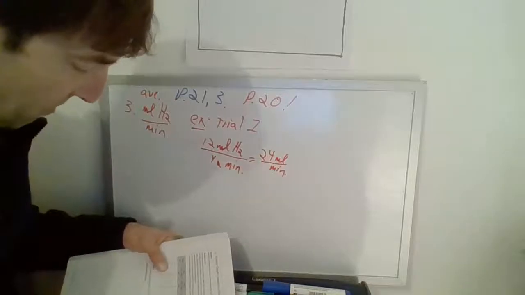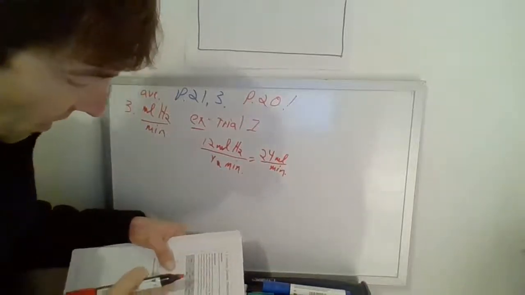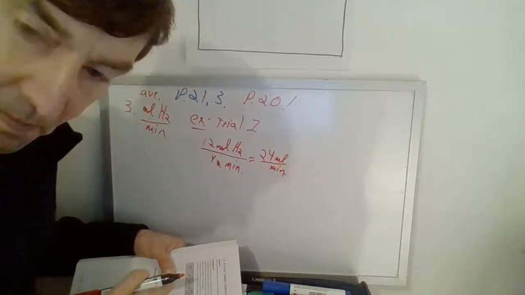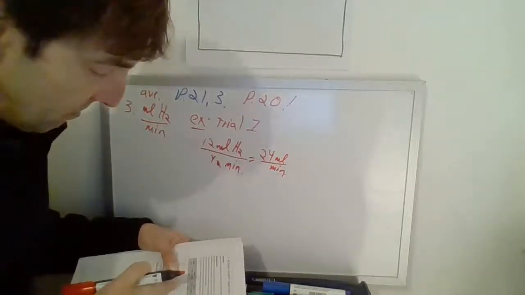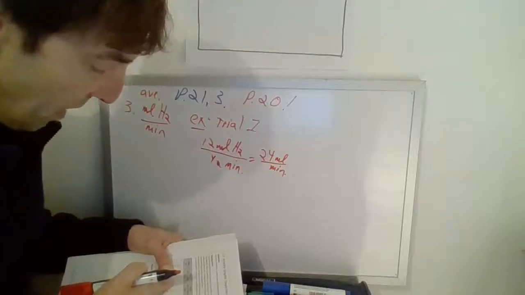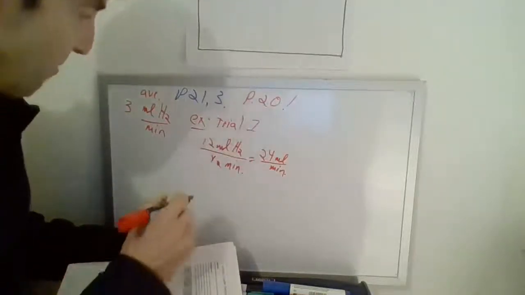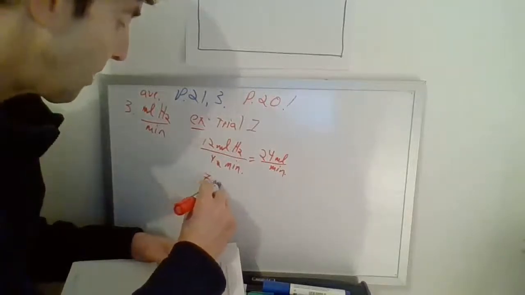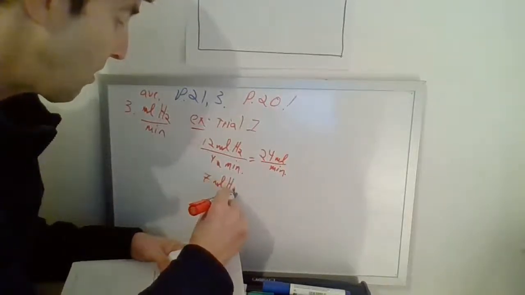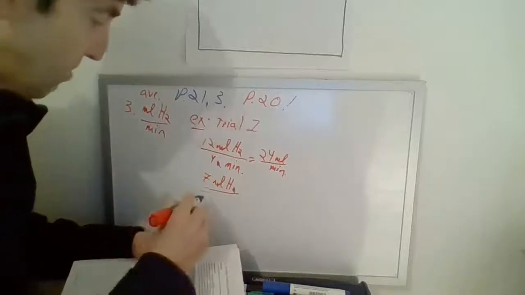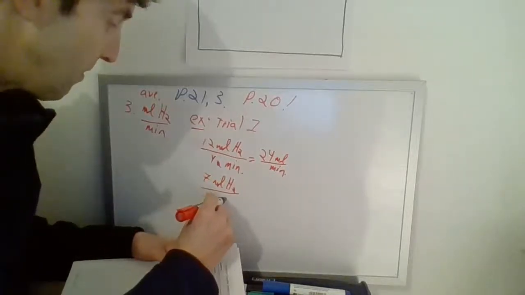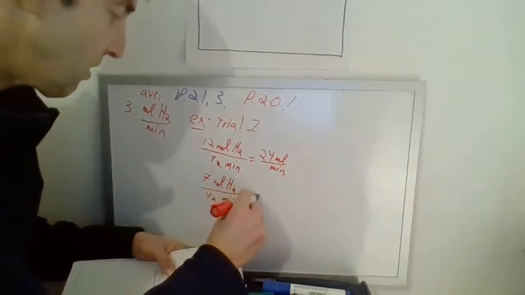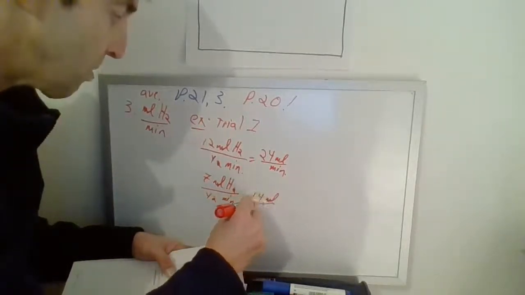Let's do the next one. From 12 to 19, Bella, we got another half minute. But from 12 to 19 is 7 milliliters of H2 formed, and so it's per half minute. So now I got 14 milliliters per minute.